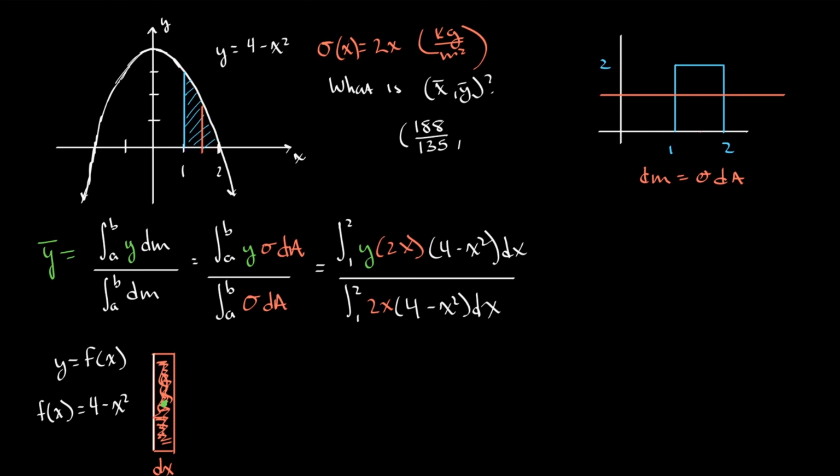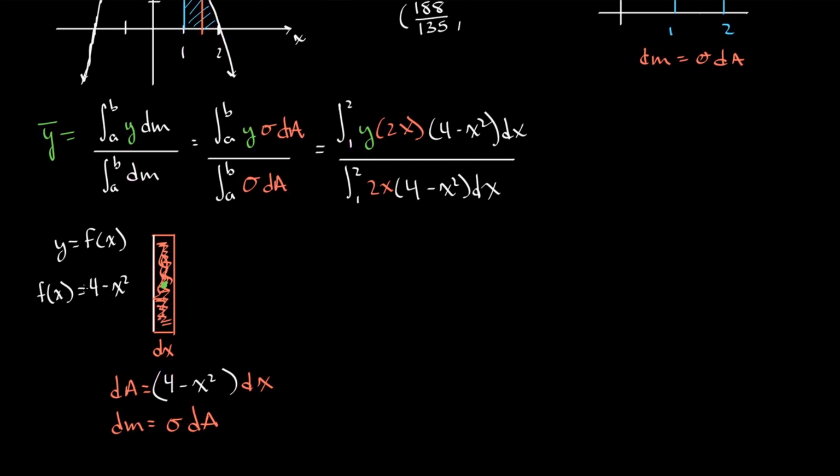So in taking an average point here, we're going to take the height of this rectangle, which is 4 minus x squared, plus the bottom part of this rectangle, which is y is equal to 0. So whatever we have here, we're going to find an average. So it's going to be f of x plus 0 divided by 2. So our y position is f of x divided by 2.